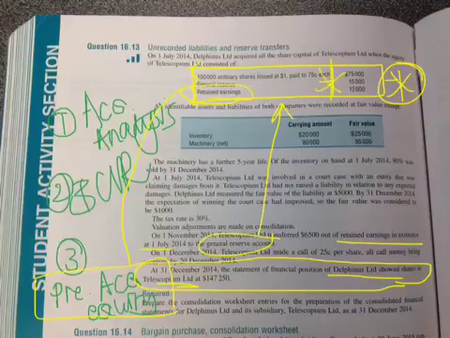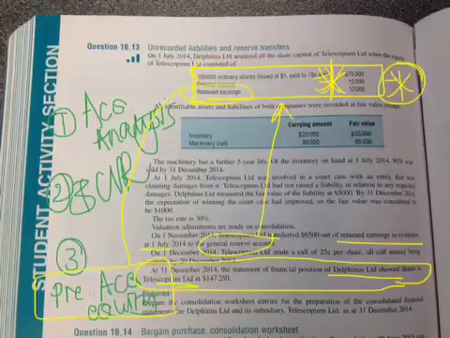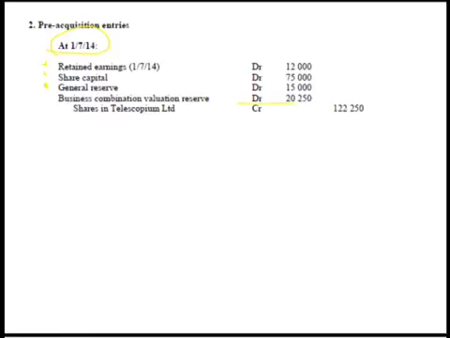So these three account balances, as well as the BCVR that is recorded on the acquisition date, resulting from the fair value adjustments that we had to make on acquisition date, and which is viewed as part of the subsidiary's equity, even though it's raised on group level. And that we eliminate against the investment in subsidiary.